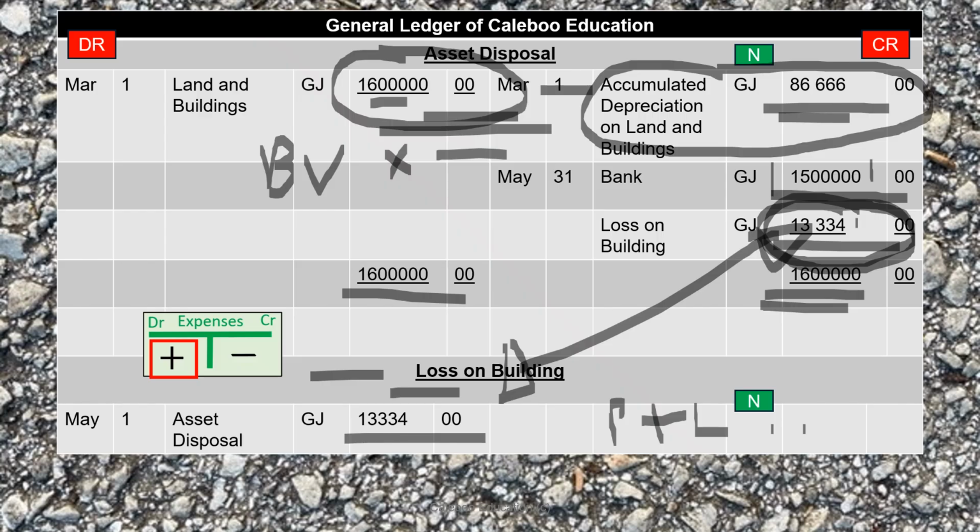That's an example of this building burning down and an insurance payout, and we treated this the same way as a sale of PPE, a sale of a non-current asset disposal. I hope that makes things nice and clear.